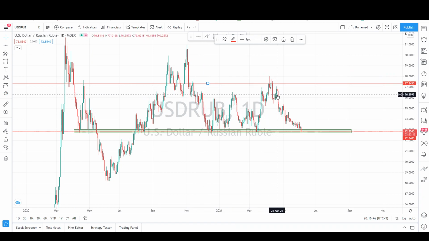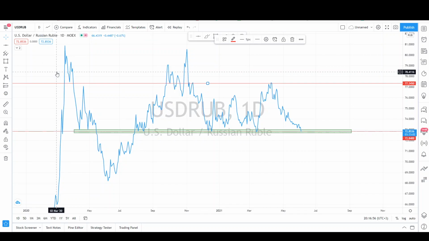Now as a beginner, if the wicks are causing you problems and you're using TradingView, you come here, go to the line, which eliminates all the wicks, so you can actually plot it, and after that you can edit it.